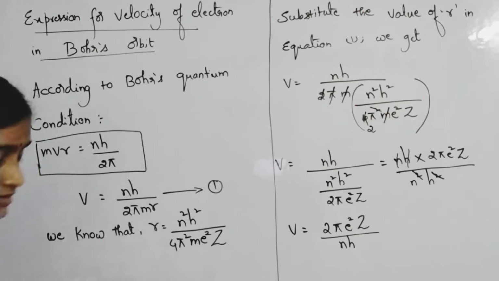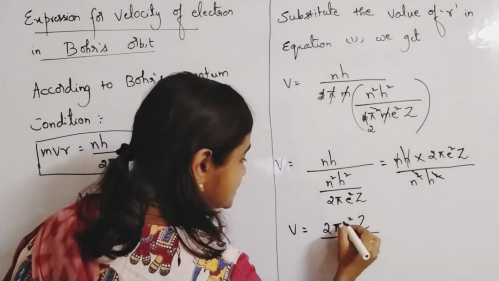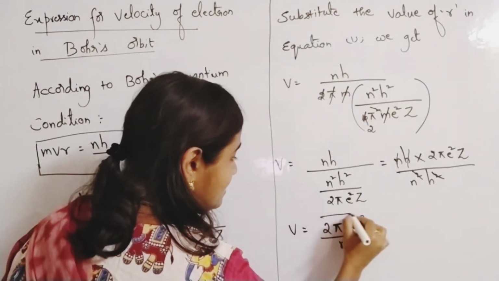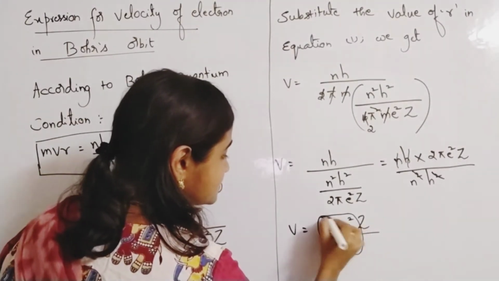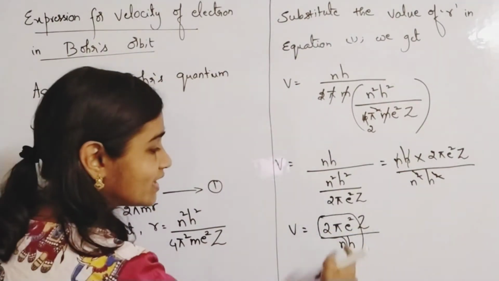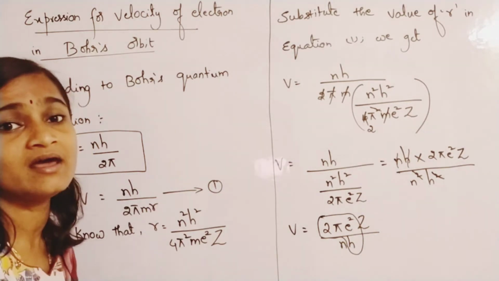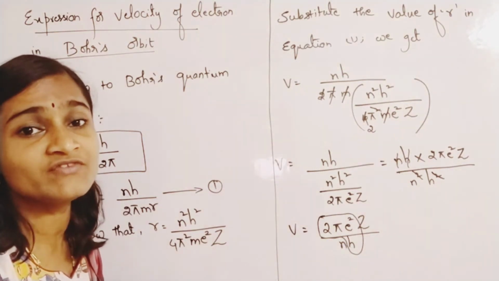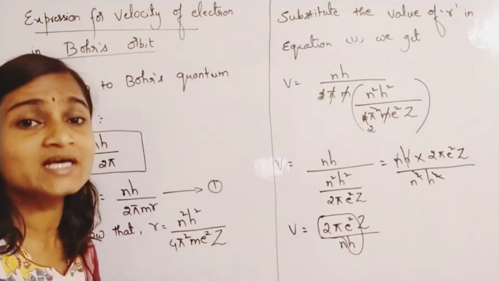If you substitute the values of pi, e square and h in 2 pi e square h, I just rounded up those values because Z and n are variables. They keep changing with the element as well as the orbit number.